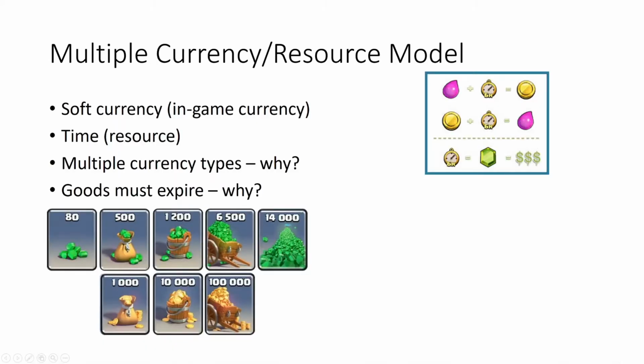The other thing that's often done in games is a multiple currency or resource model. Especially in free to play games, we see this. They'll devolve money away from the gems, and they'll do it in a huge number, so people can't keep track of it. Because we're very good at keeping track of small numbers, between one and about 100.